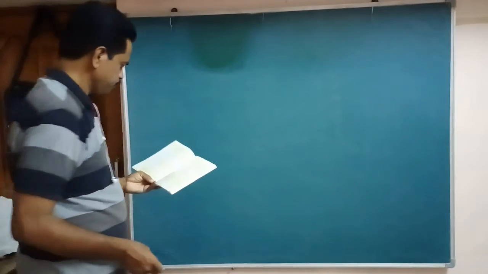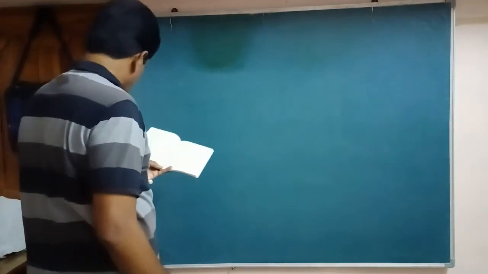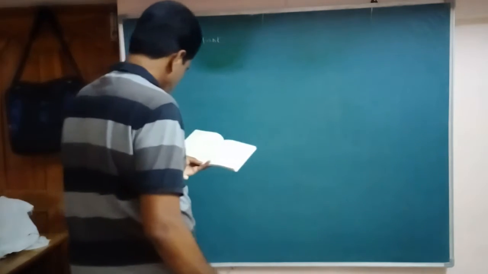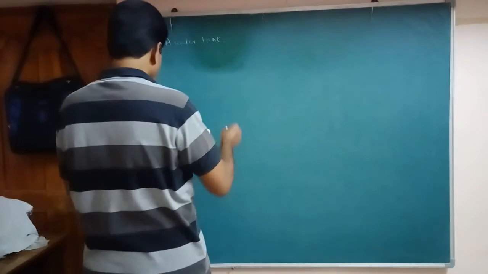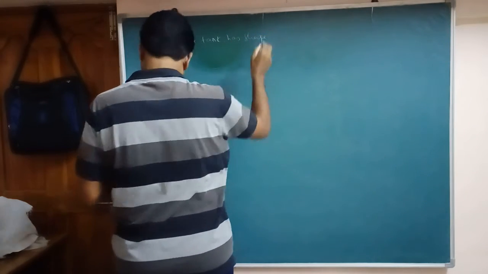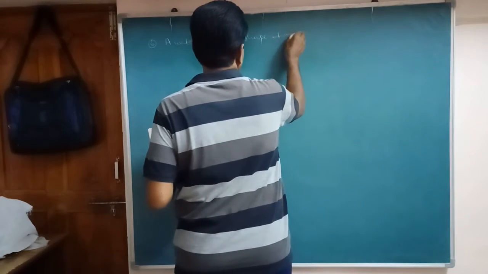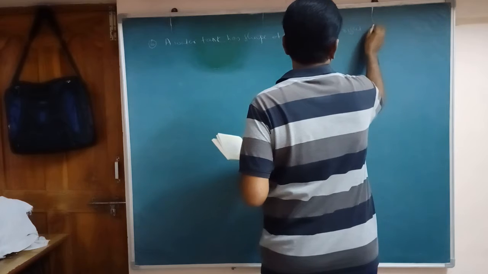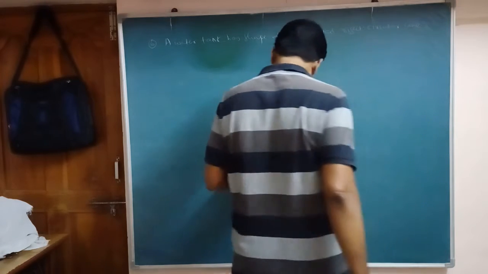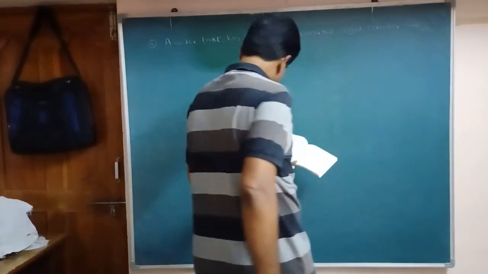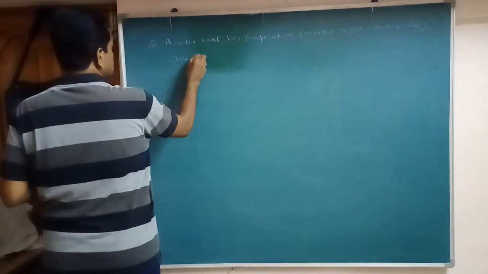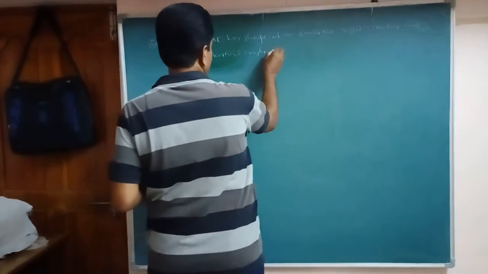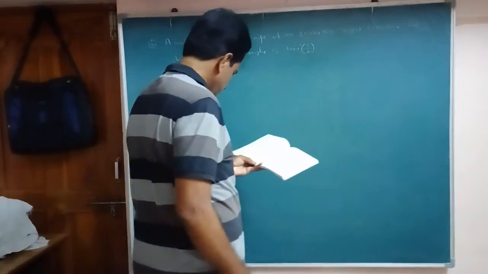Next. Question 6. A water tank has a shape of an inverted right circular cone whose semi-vertical angle is tan inverse 1 by 2.